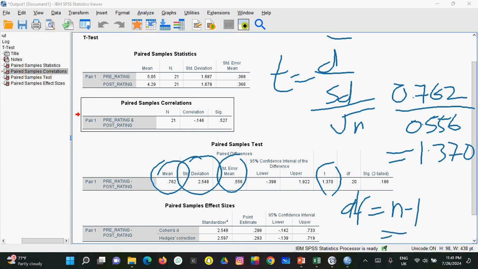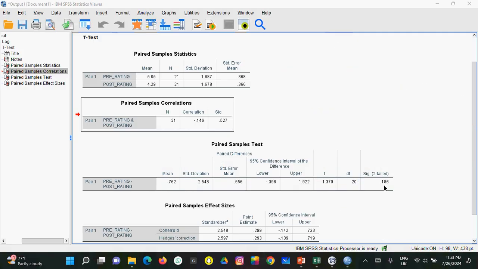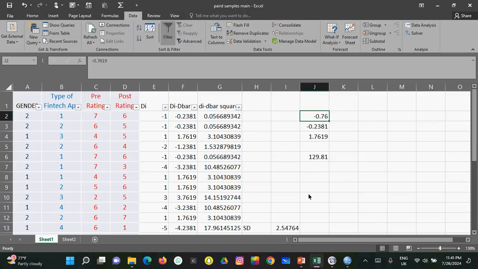Degree of freedom is here. So N here is 21 minus 1 is equal to 20. Then this is what you trace on the T table, which we will not really deal with, so it is not very important here now. So let's try this in here.